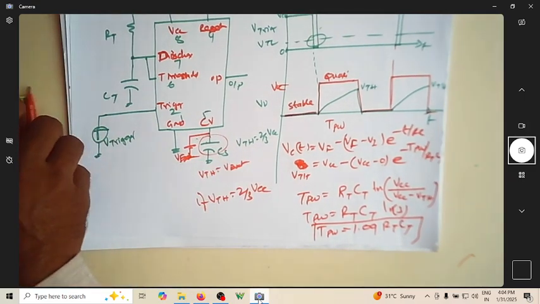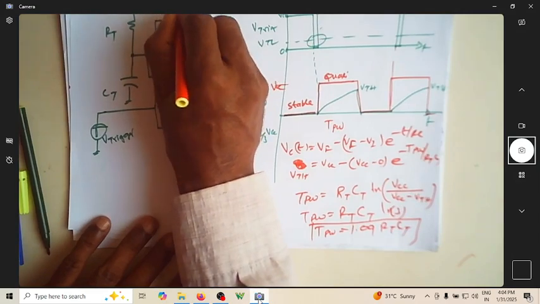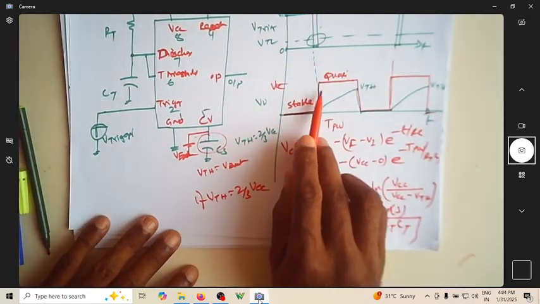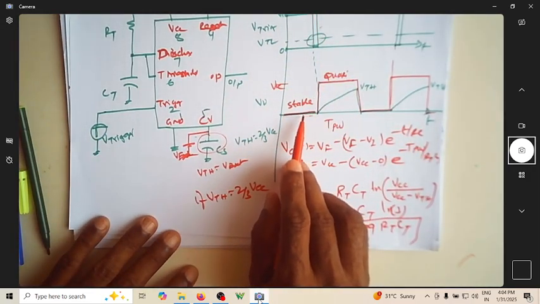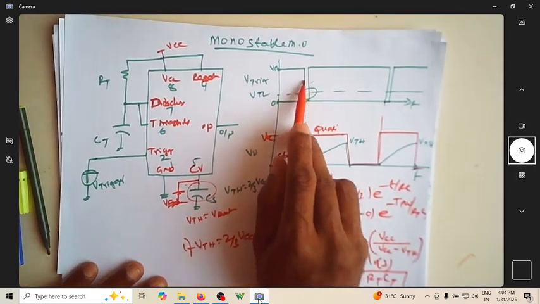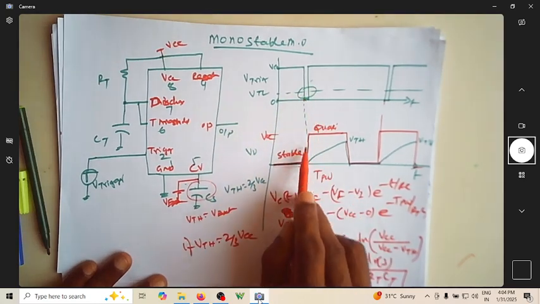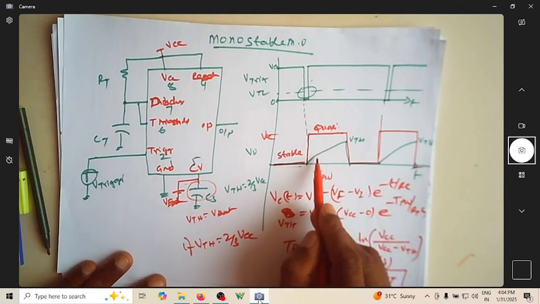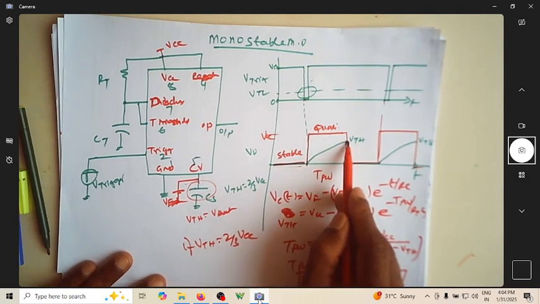Of course, this is going to VCC. This is grounded. This is the trigger. The output voltage is in the stable state of 0 volts as long as you are not giving any trigger signal. When the trigger signal goes below VTL, the output goes high and stays there in the quasi-stable state of VCC. The capacitor voltage reaches VTH.